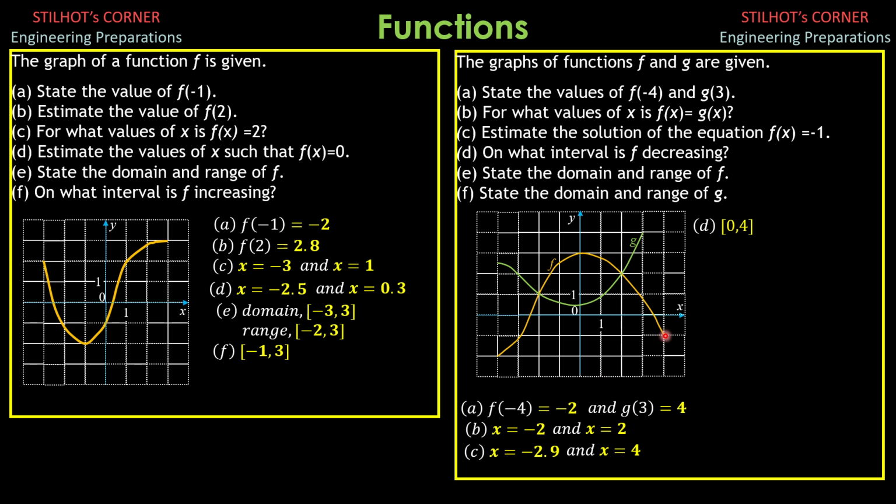Then state the domain and range of f. The domain of f is the set of admissible values of x, and it is defined from here up to here. So the domain of f is from -4 to +4, closed interval -4 to +4, while the range of f is from the lowest value, which is -2, to the highest value, which is +3.